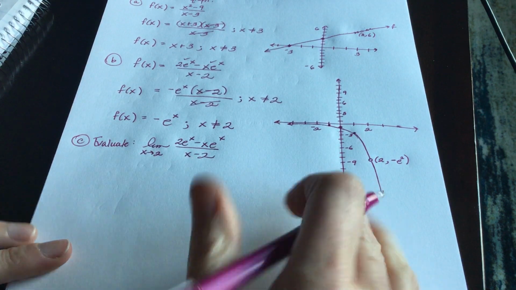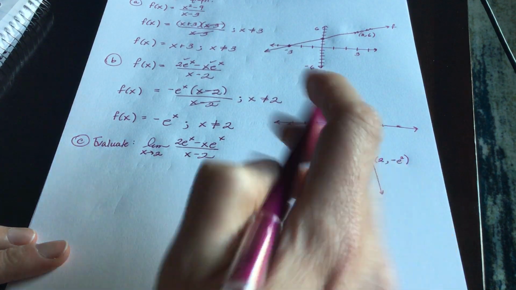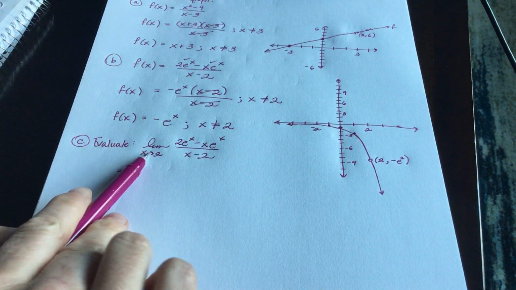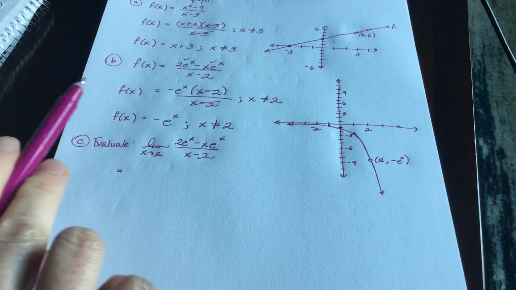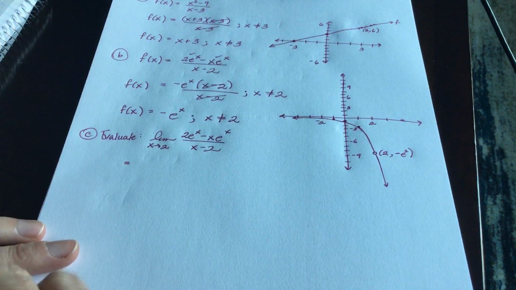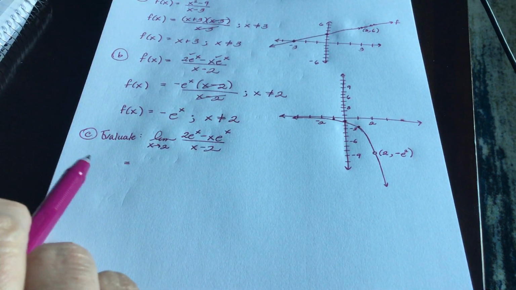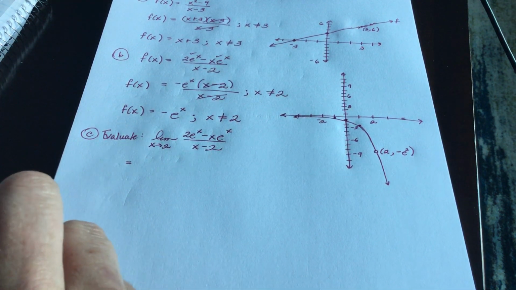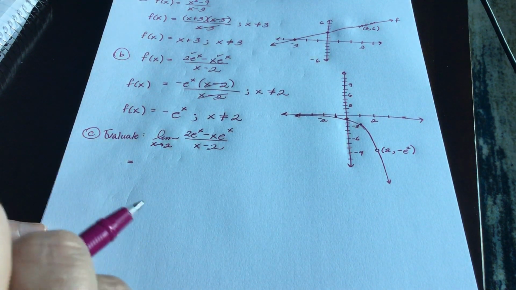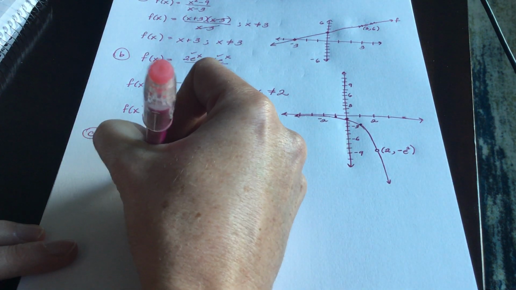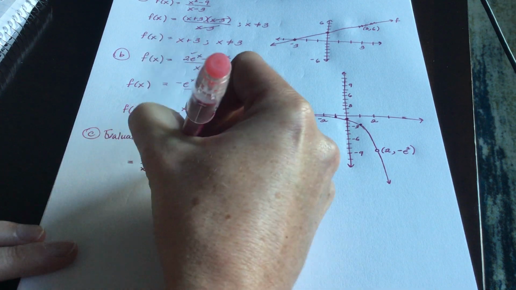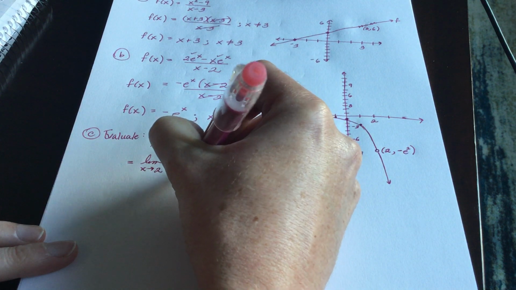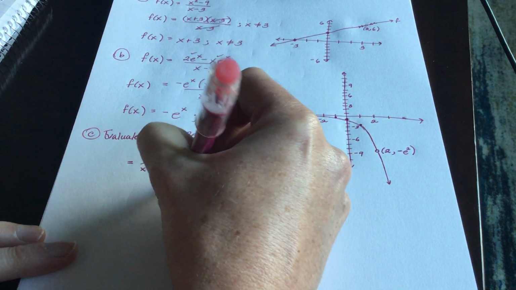You could do it from your picture and say the answer is negative e squared, or, and I'm going to emphasize notation here, we write this expression, the limit as x approaches 2, until you finally let x take on the value of 2, or until you evaluate what happens when x gets infinitely close to 2. So watch my notation, because I'm going to be watching for yours when I test you. So we're going to write the limit as x approaches 2 of, I'm going to factor out negative e to the x just like we did before, and I'd have x minus 2 as the other factor.